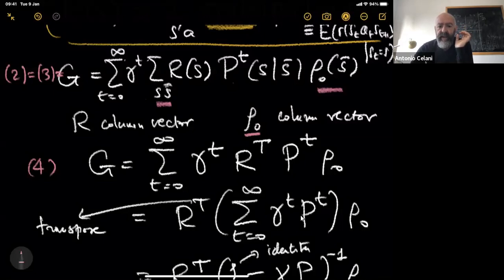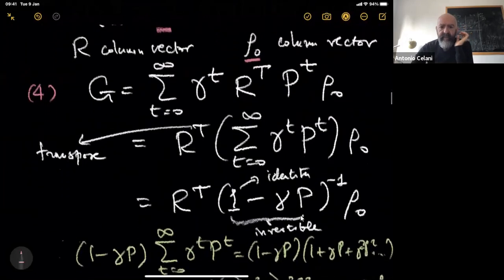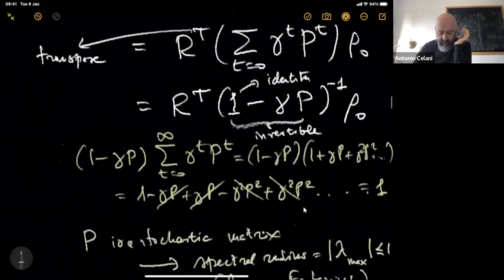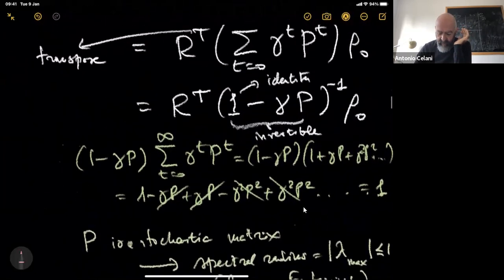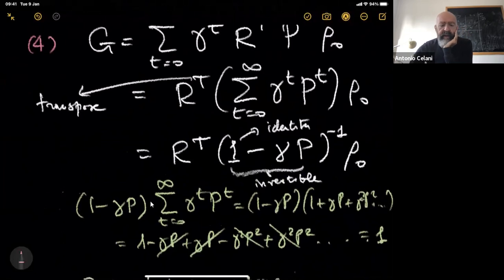And as such, we can rewrite it in terms of the inverse of another matrix, which is the identity minus gamma P. Why is that? Well, this is just this two-line demonstration that I put here below, which is the same way by which you demonstrate the geometric sum with real numbers. It is just because these terms cancel out when you expand this object.